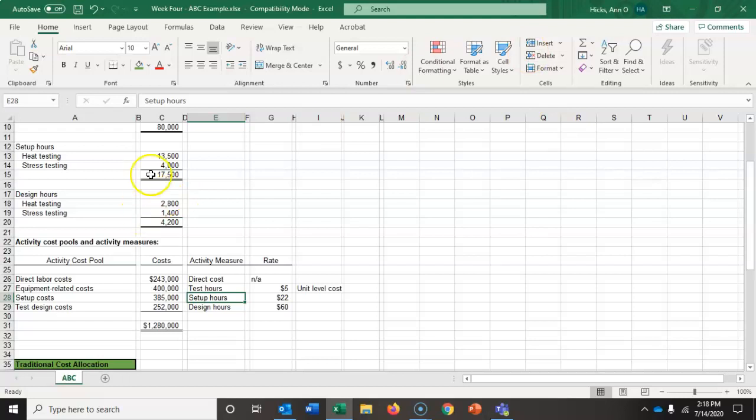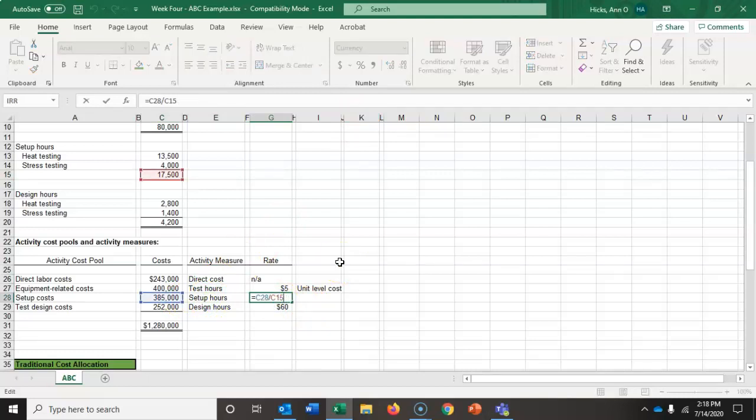And so up here among the data, you'll see I have 13,500 hours identified setting up for the heat testing procedure, 4,000 hours setting up for the stress testing procedure, for a grand total of 17,500. So I've come up with a rate of $22, $385,000 divided by the 17,500 setup hours.